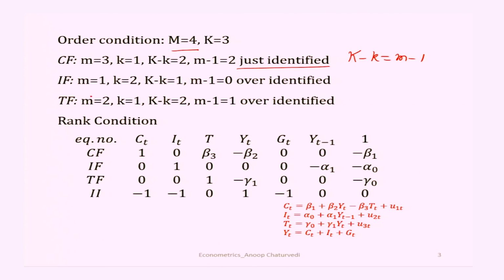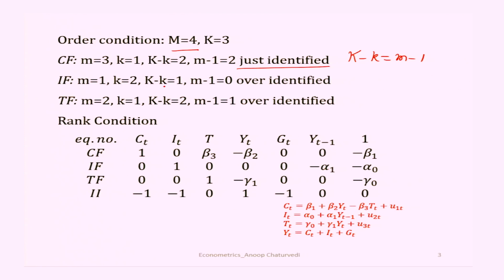Then for the investment function, m is equal to 1. It has just one endogenous variable I t. Small k is equal to 2. It has 2 predetermined variables, the intercept term and y t minus 1.